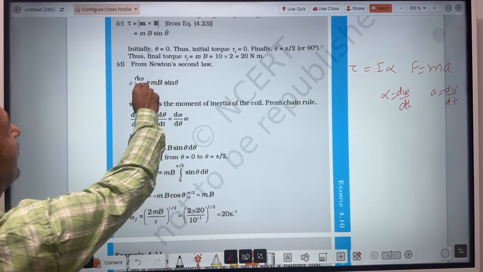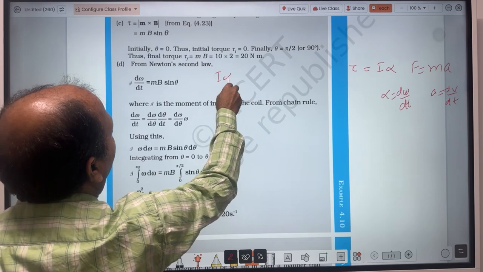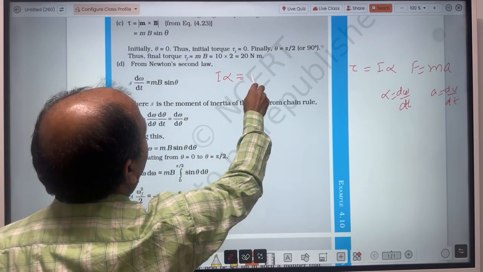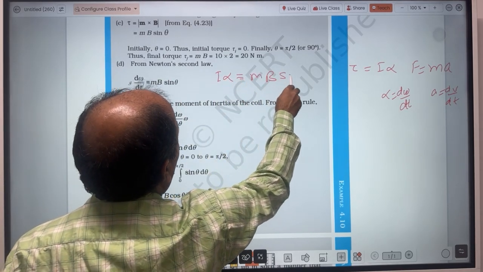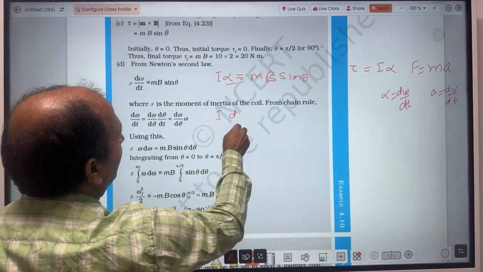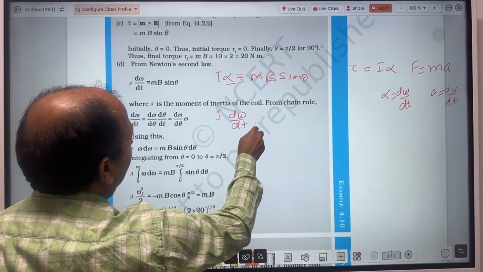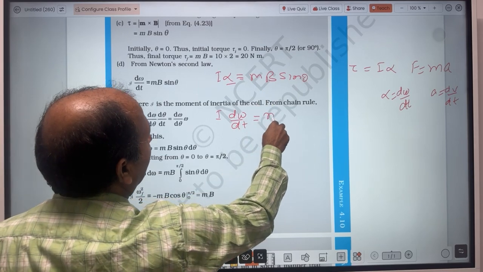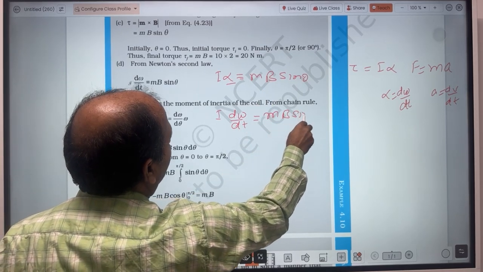The two cases, as you know, one is I alpha, another is MB sine theta, right? And alpha is written as d omega by dt, so I d omega by dt equal to MB sine theta.